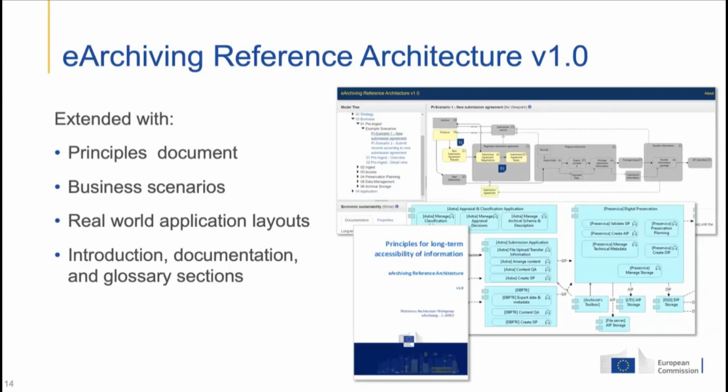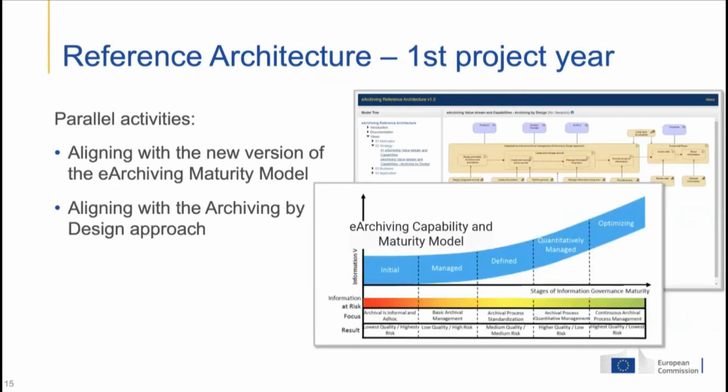So we extended the model with a full principles document, called Principles for Long-Term Accessibility of Information. That's a full document that describes our 12 principles in detail. We have business scenarios using the business layer elements, application scenarios, real-world application layouts using the application elements, and the introductory part, documentation part, glossary sections, download sections.